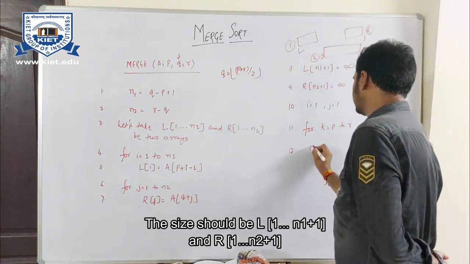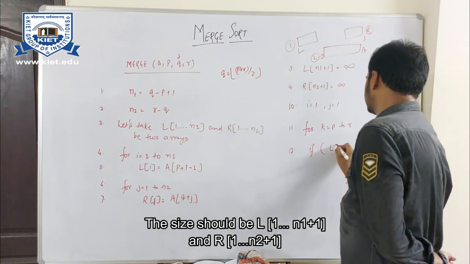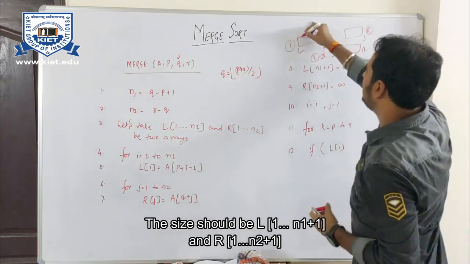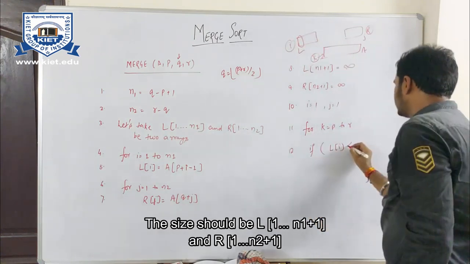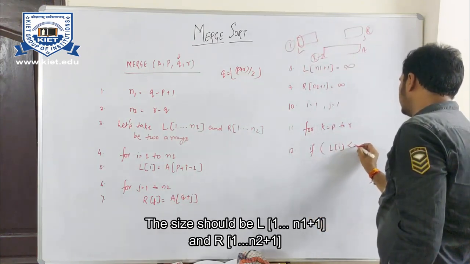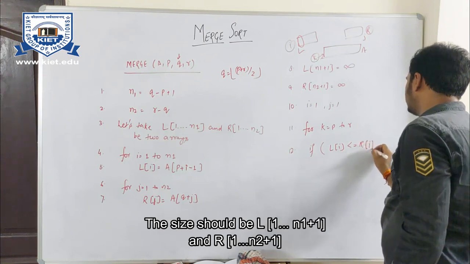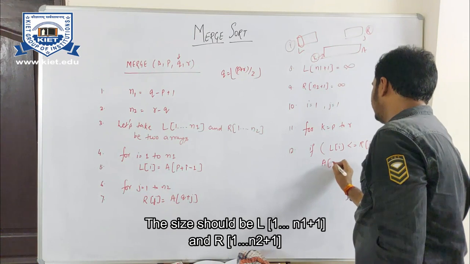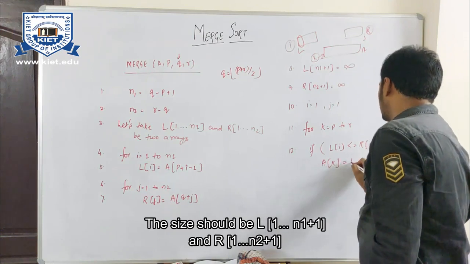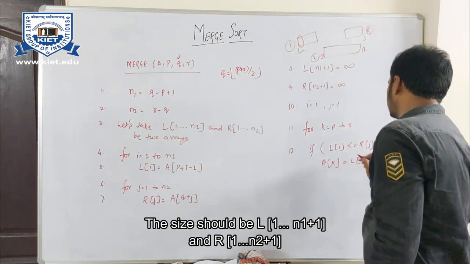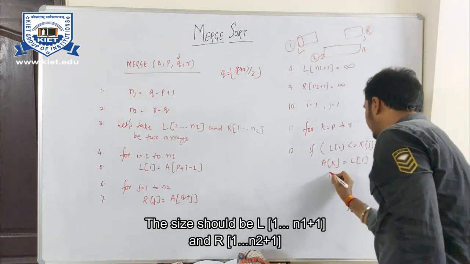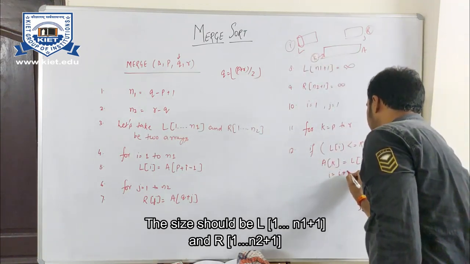Now suppose the value at the left hand side index, L of i, is less than or equal to R of j, then at A of k you will copy L of i. The smaller value gets copied and the value of i is incremented.